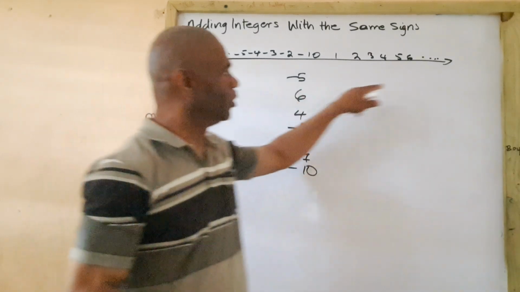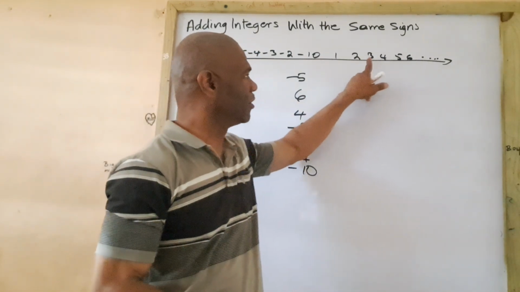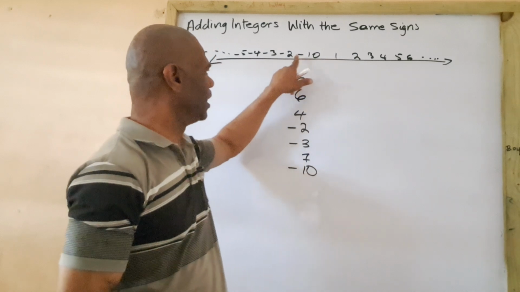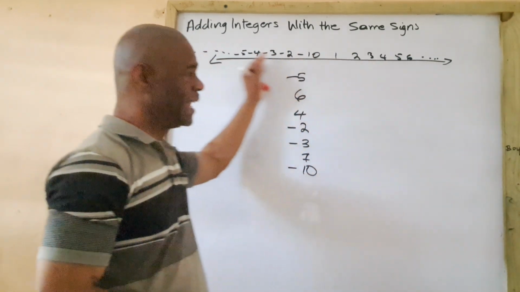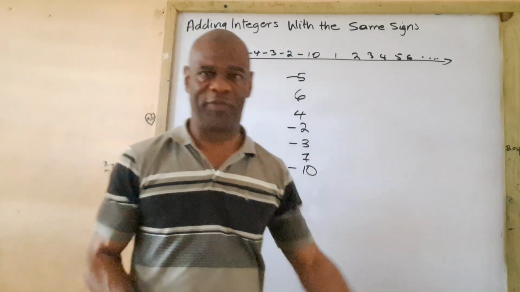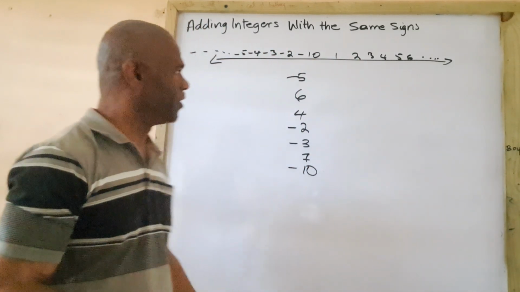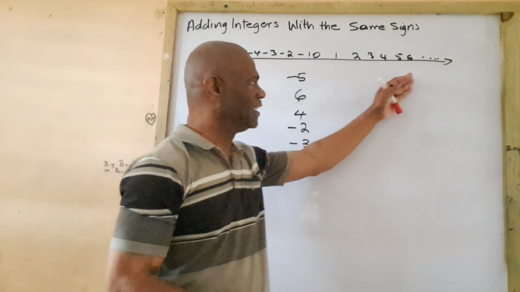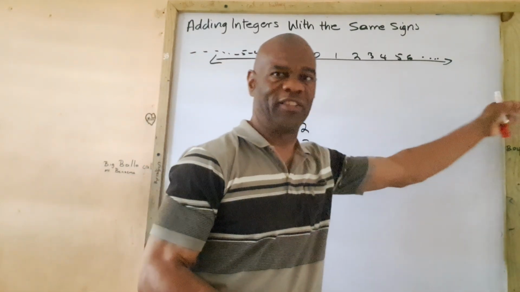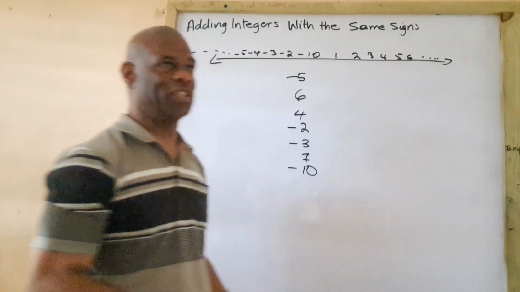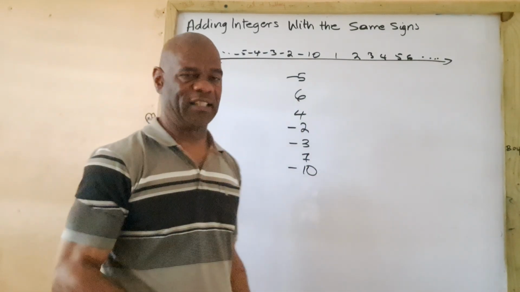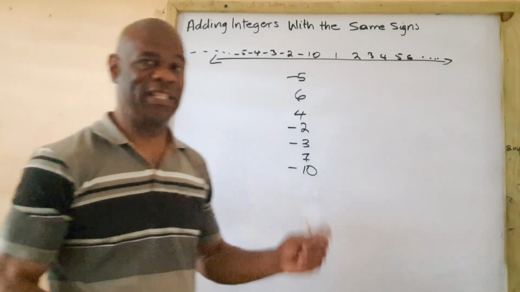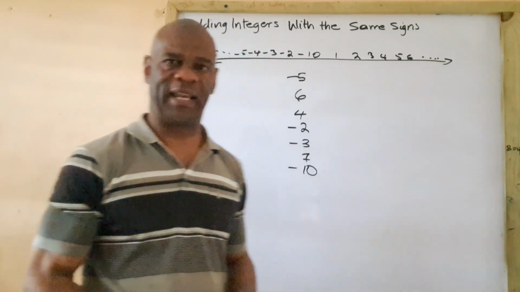So we go 6, 5, 4, 3, 2, 1, 0, -1, -2, and so on. The further right we go, the value of the number increases, and the value of the number decreases to the left on the number line.